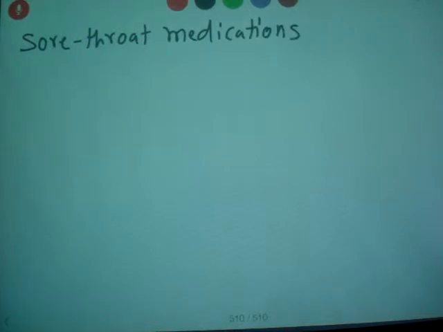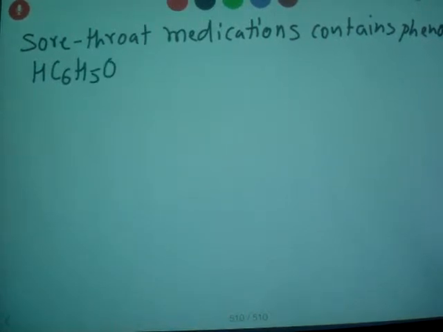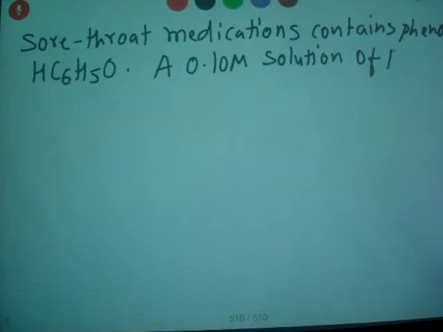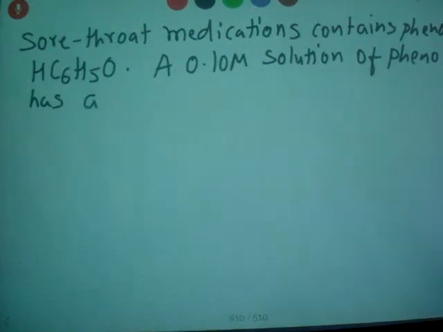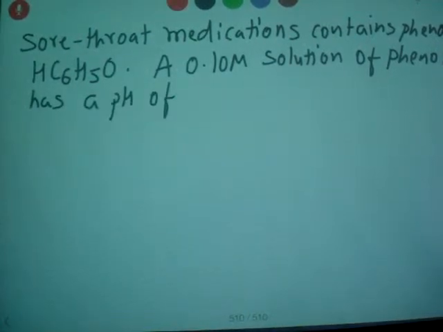It sometimes contains phenol, and we can write HC6H5O, and a 0.1 molar solution of phenol has a pH of 5.43 at 25 degrees Celsius.